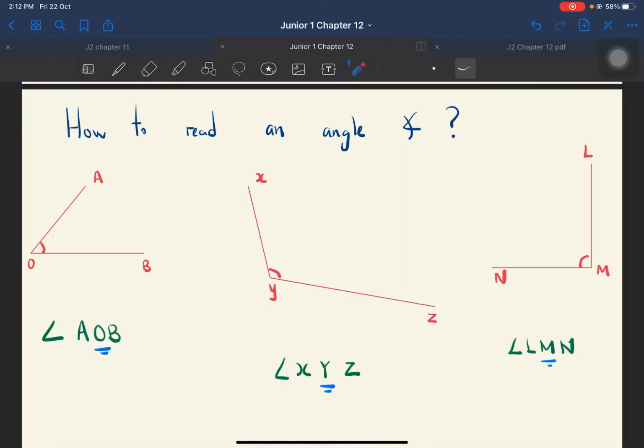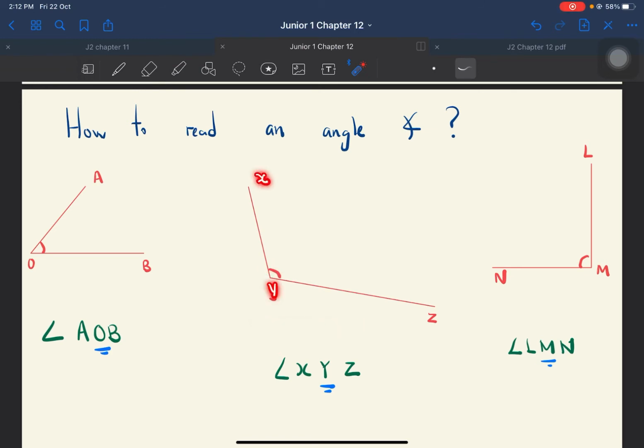Next one, we're going to learn how to read an angle. For example, if you would like to refer to this angle, we will call it angle, this is the angle symbol, angle A or B. How about this one? How do we call this angle over here?